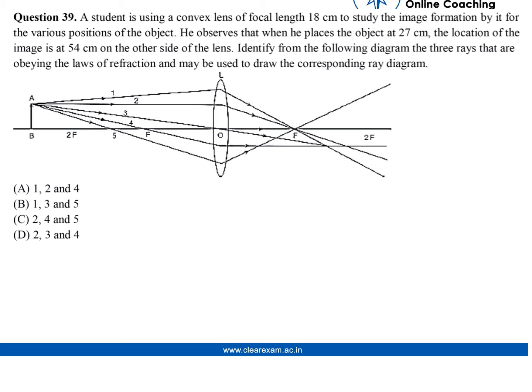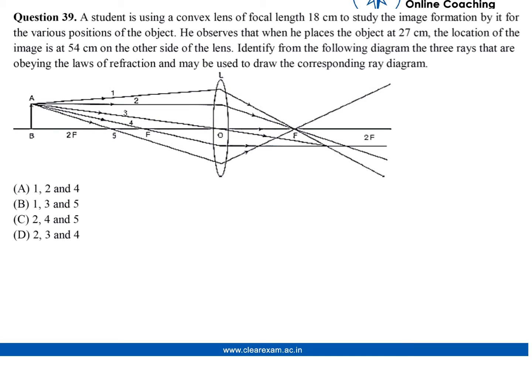And our third rule is that any ray passing through the principal focus, after passing through the convex lens, will emerge parallel to the principal axis. So these are the three laws of refraction.